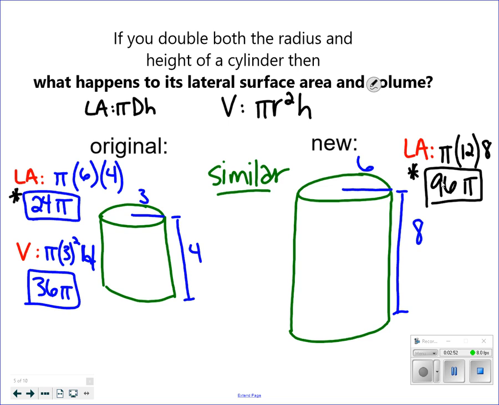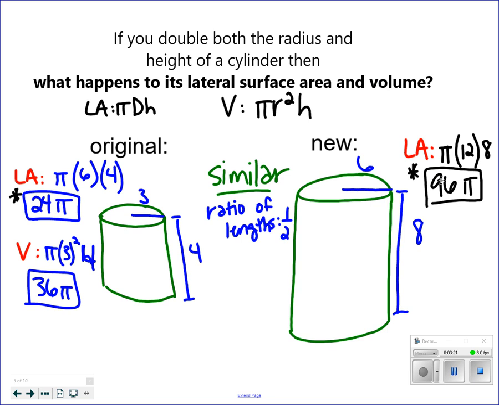A ratio, again, is just comparing two quantities. So let's take a look at that. If I were to compare the ratio of the lengths, first of all, I notice that it's 3 to 6 and 4 to 8, so the ratio of the lengths is a 1 to 2 ratio.